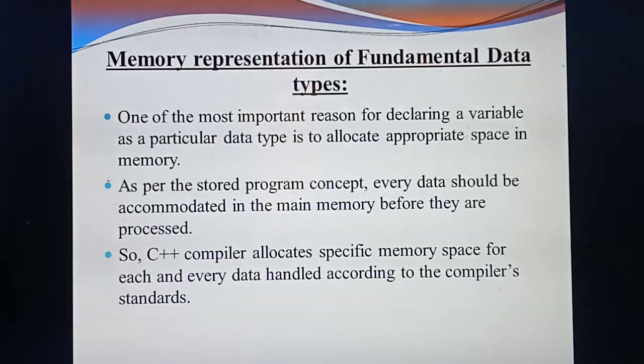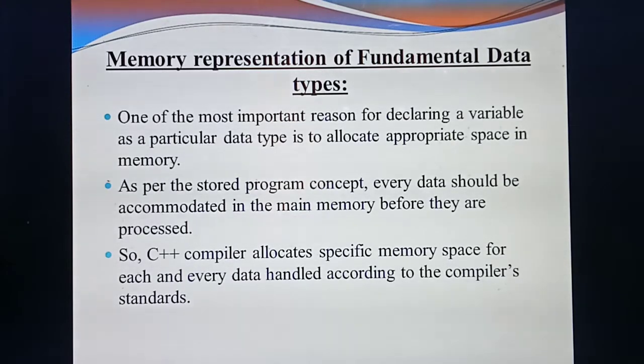Once you have declared the variable, the compiler will immediately provide some space for the variable. For example, you are going to add two numbers, A and B. How many numbers are you adding? Two numbers. So how many variables should you name? Two variables. What are they?